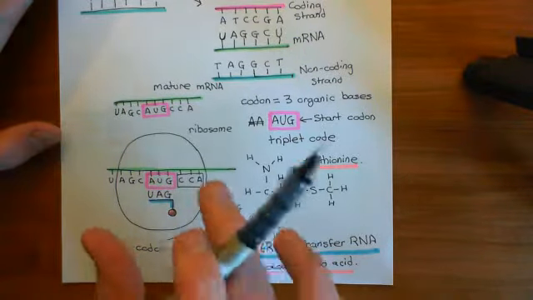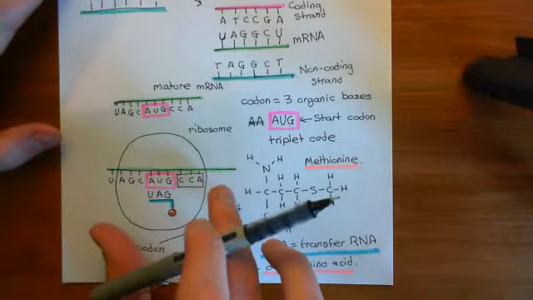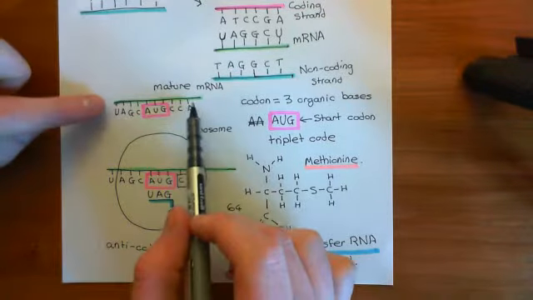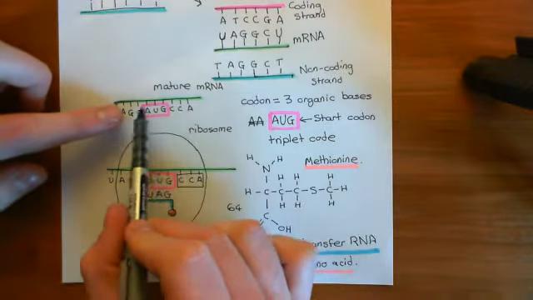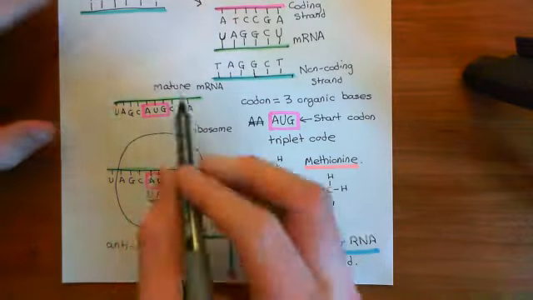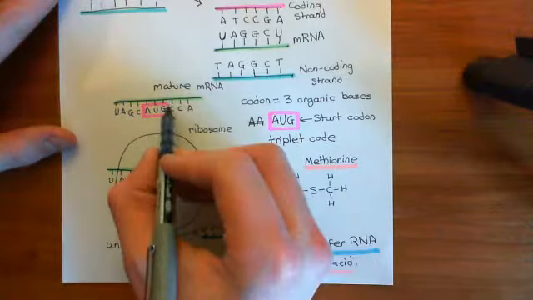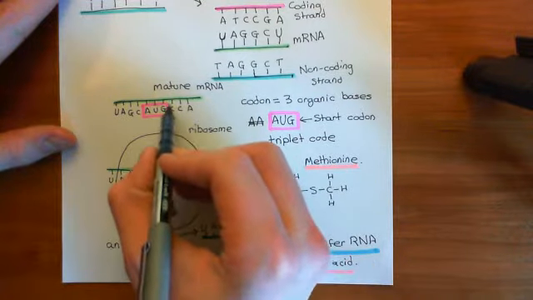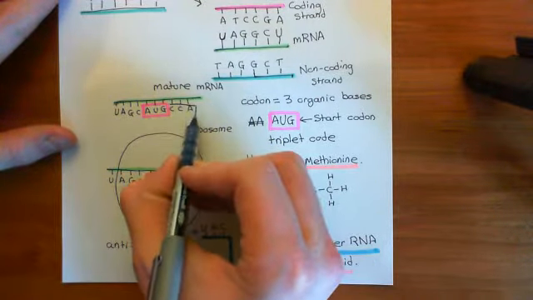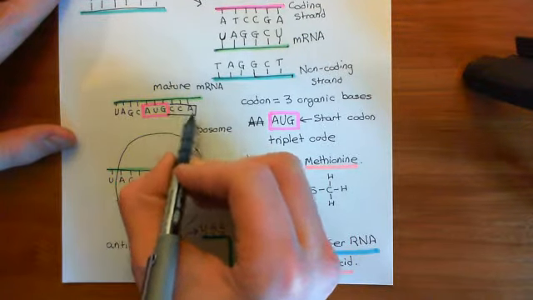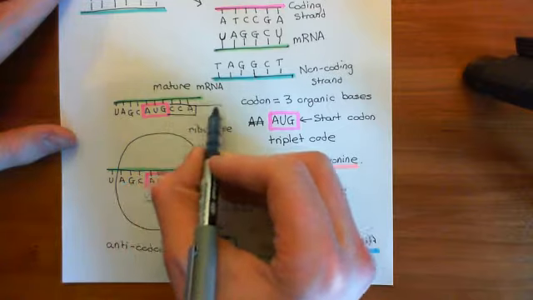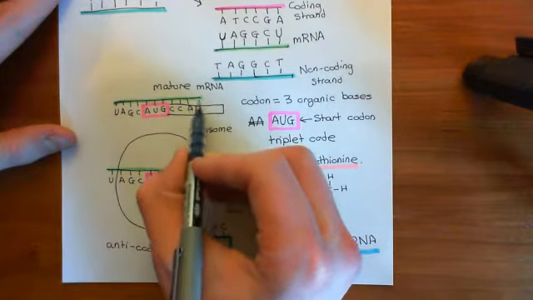Okay, so the basic principle of how you take a piece of mRNA and turn it into a sequence of amino acids is starting with the start codon here. You then work your way along the mRNA looking at combinations of three organic bases. So from the start codon here, you then look at the next three organic bases, then you'll look at the next three organic bases after that.